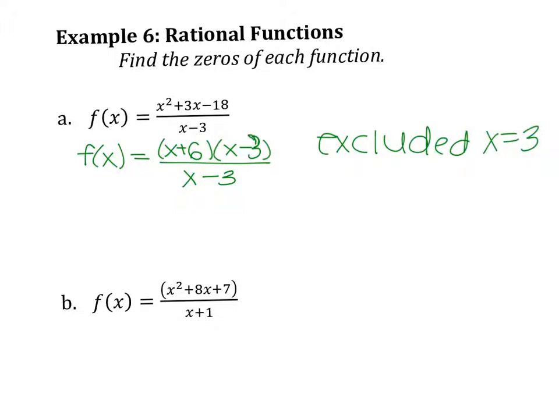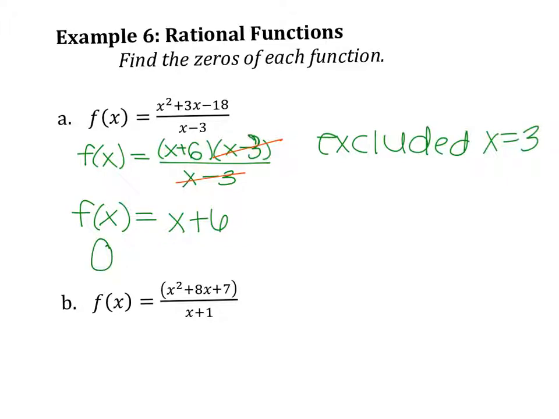However, when we are simply finding the zeros of each function, we can cancel things out before we determine that. So here the x minus 3's will cancel. We will be left with f of x equals x plus 6. We want to know what value makes f of x 0.